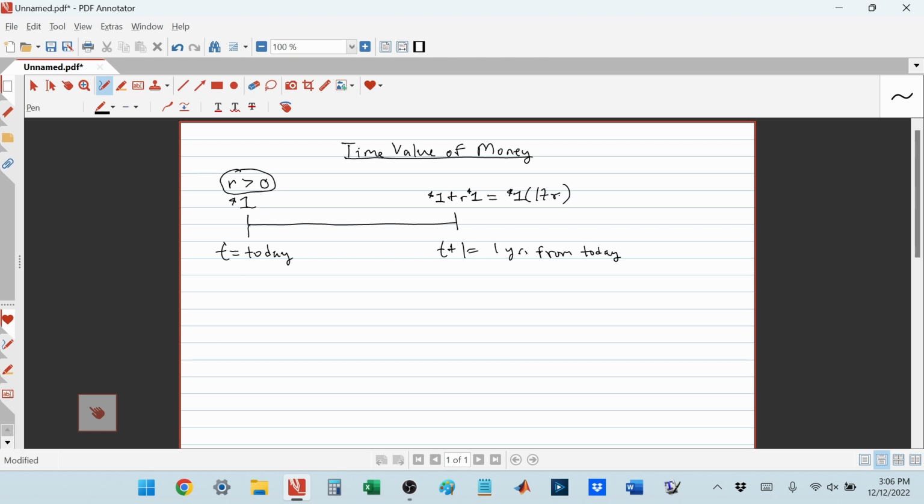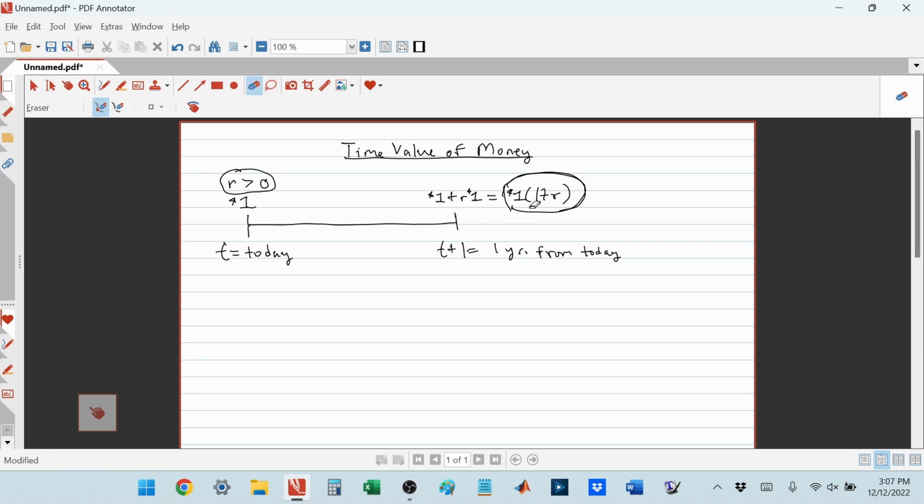So you'd rather get $1 today than $1 a year from today, under the assumption that you could invest $1 and earn a positive rate of interest. Because then a year from today, you would have this much money, and you would prefer that than just getting $1 a year from today. The only way to get this money right here is to get the $1 today.